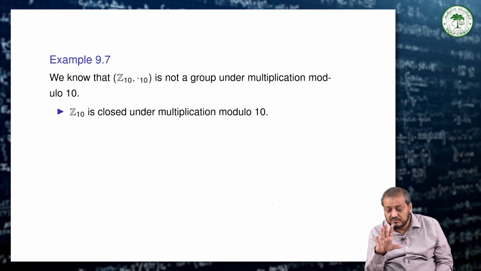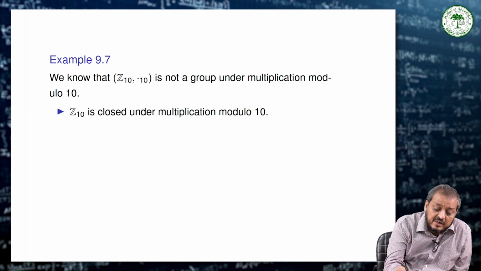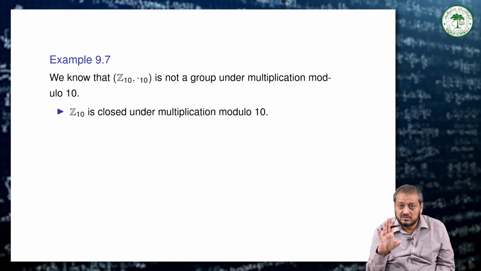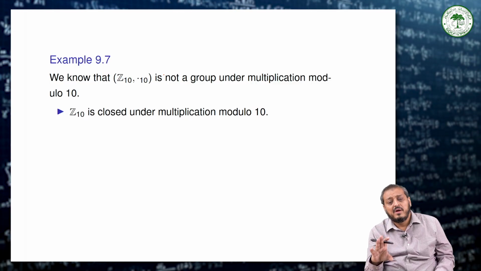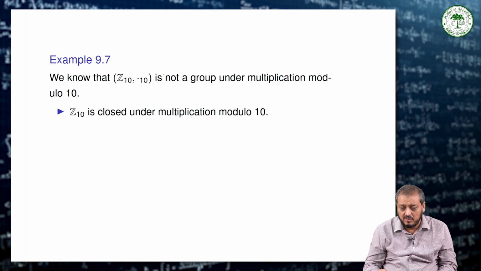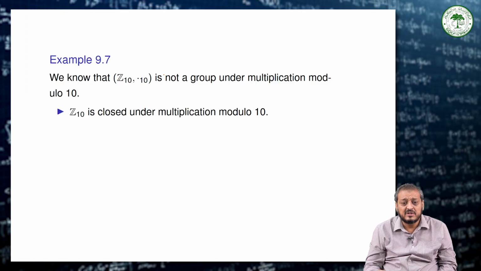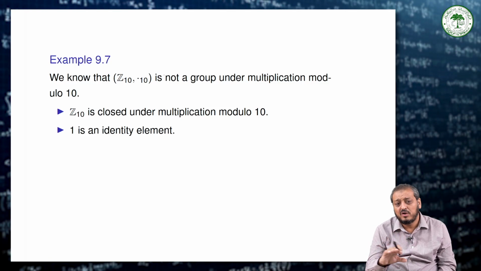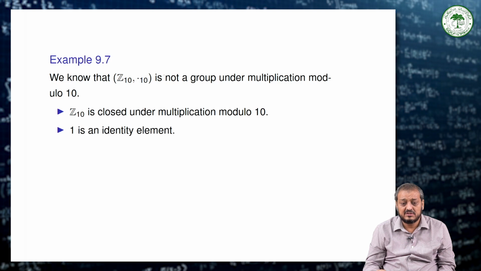Clearly, Z10 under multiplication modulo 10 is not a group. It is closed under multiplication modulo 10, and you can also see that the identity 1 belongs to it, but not every element has an inverse.